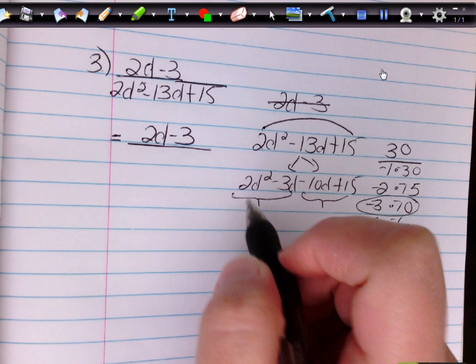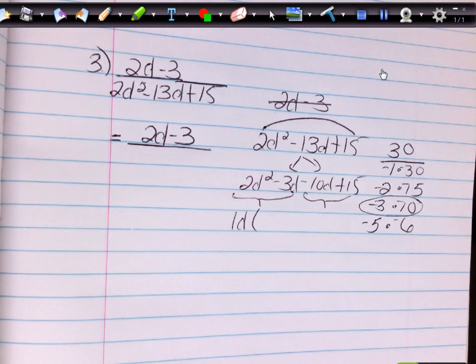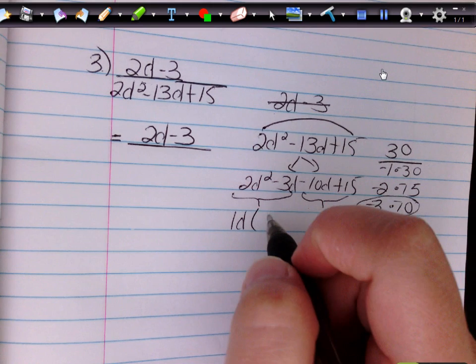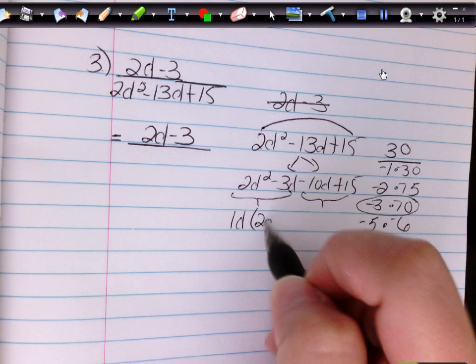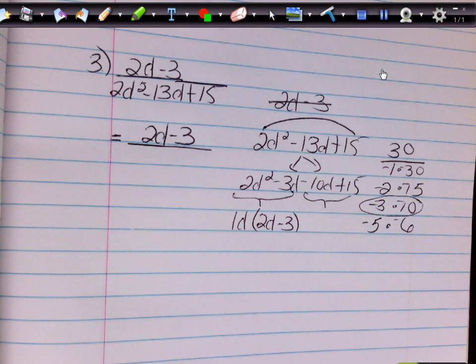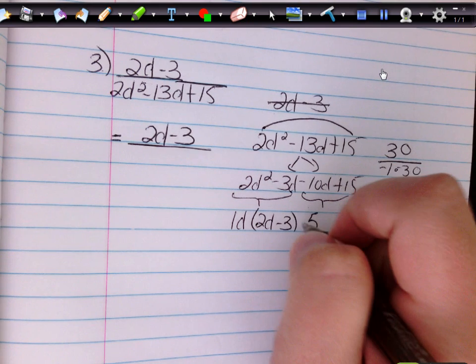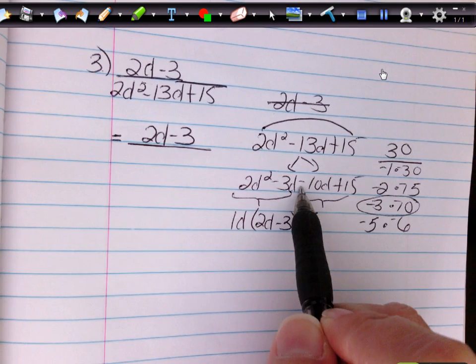So here, 2 and 3 only have a 1 in common, so I'm going to take out a 1 and a d, because they do have that d in common. They both have at least 1. So I'm going to be left with 2d minus 3. And then 10 and 15 have a 5 in common, and it's going to be a negative 5 because of the negative right here.